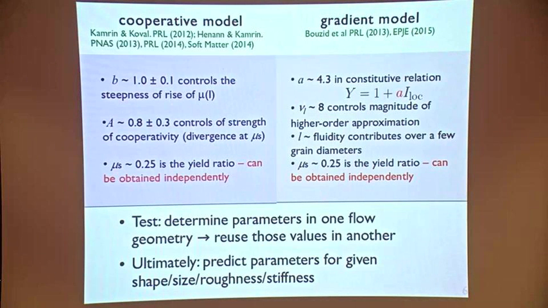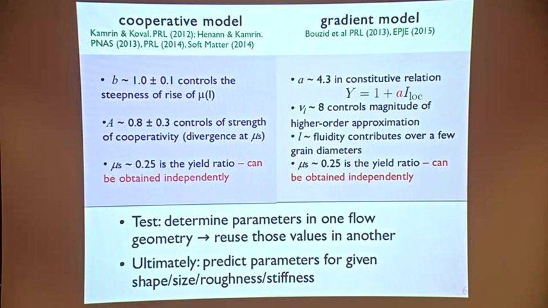If you give me a bucket of beads, I do some stuff in the lab, and I say these are your numbers, and they can reuse them in any geometry: hoppers, different boundary conditions, whatever. That same set of numbers can be labeled on the bucket of beads. I can write on the bucket, these numbers belong to the particles, just like viscosity and surface tension belong to different liquids we know. So that's the goal.